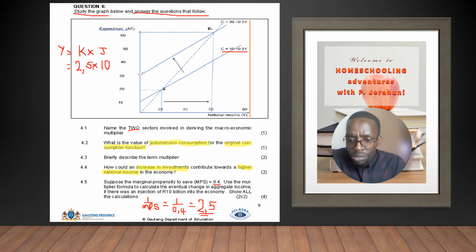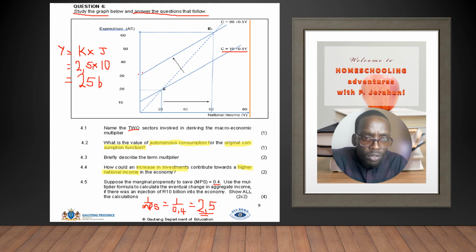So the value of my new national income, if you go to your calculator, you are going to get your final answer as 25 billion. Your answer is going to be 25 billion. So that's the answer to the question.